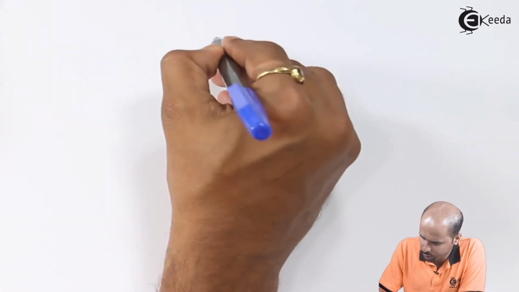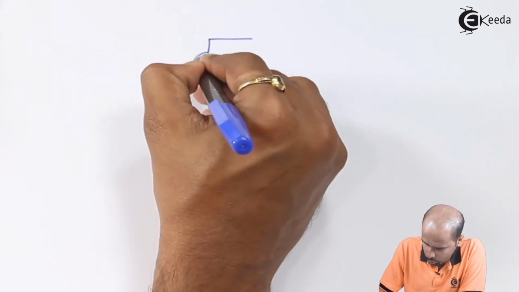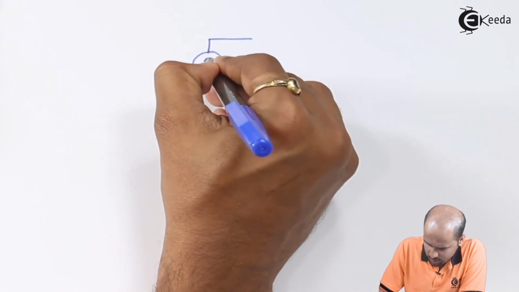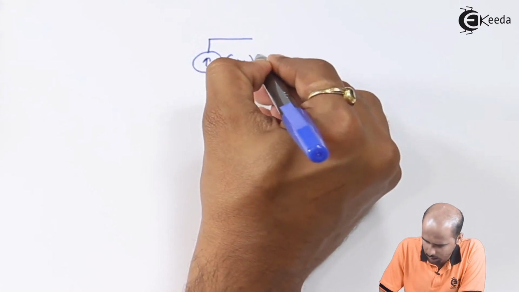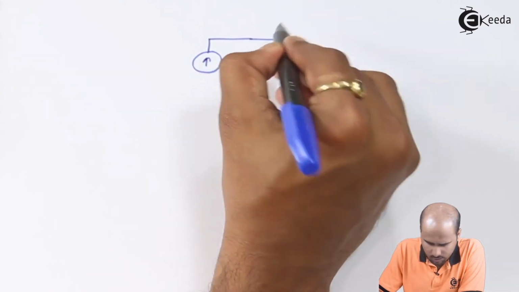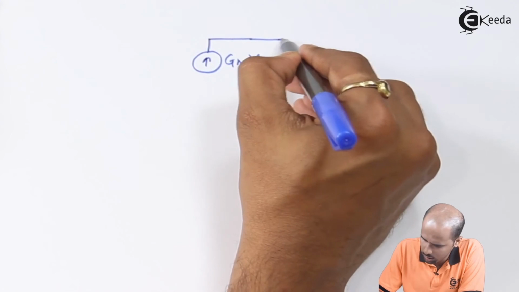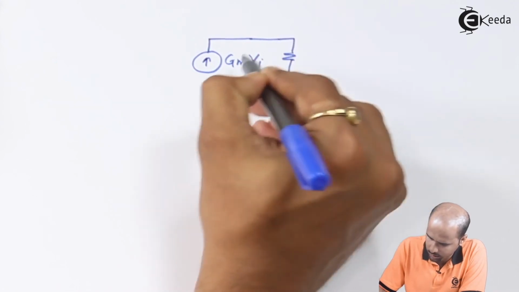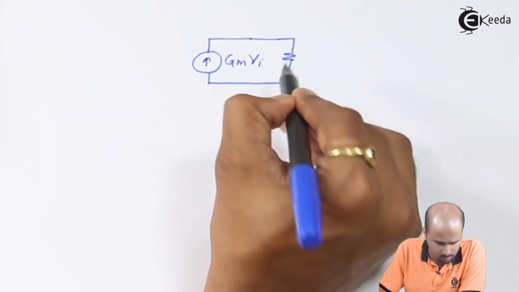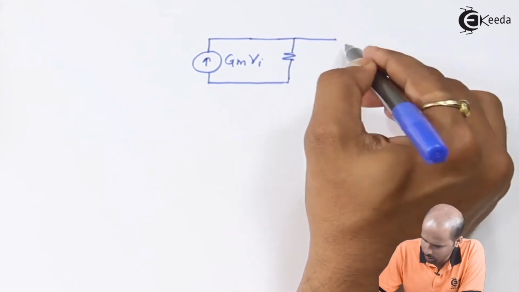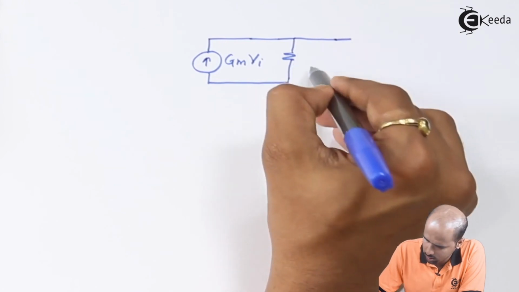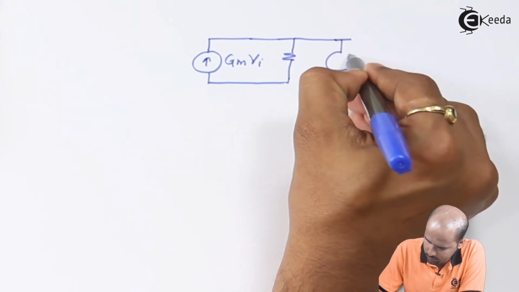Okay, see to it that we will draw this circuit again for analyzing the output impedance at the output side. So how will we draw this particular output side only? This will become your Gm into Vi. This will be your output resistance, and this will be your Vx which has been connected.